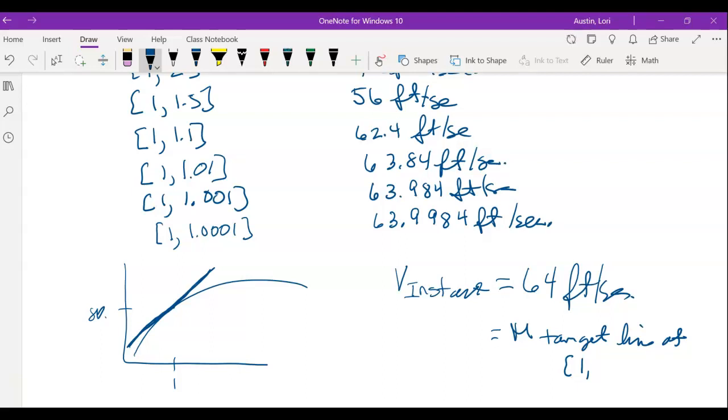I think 80 was the position at 1 second, right? Okay. Would I get the same slope if I did this tangent line at 2 seconds? Because right here, what would the slope of your line be? 0.